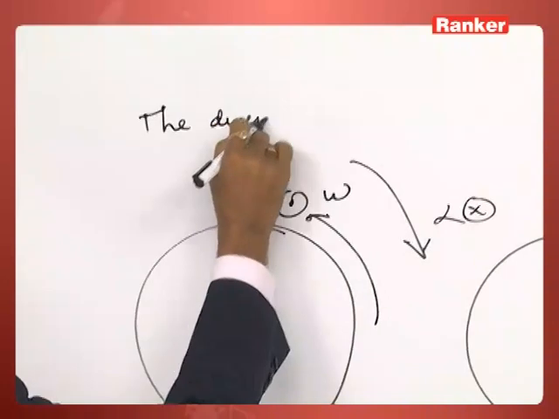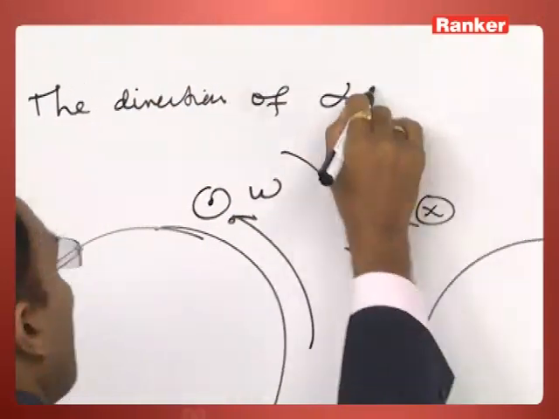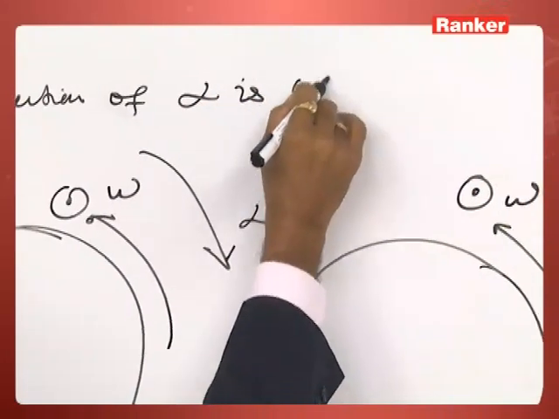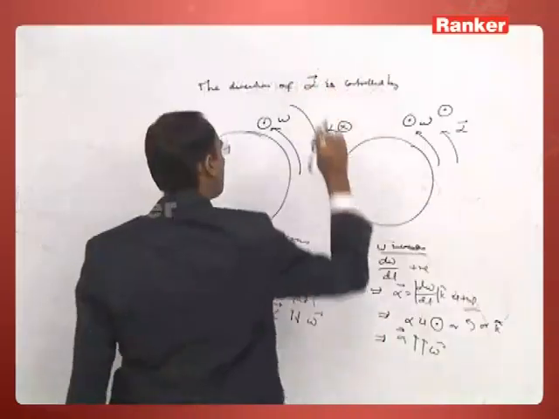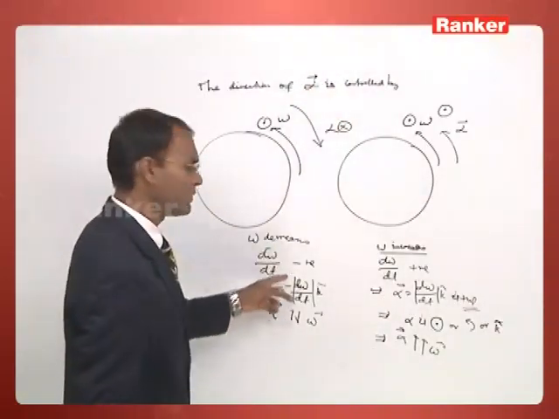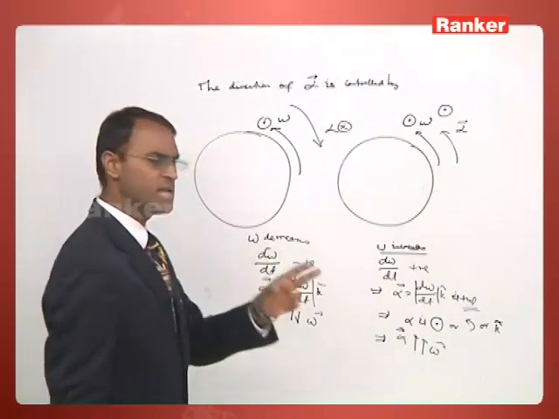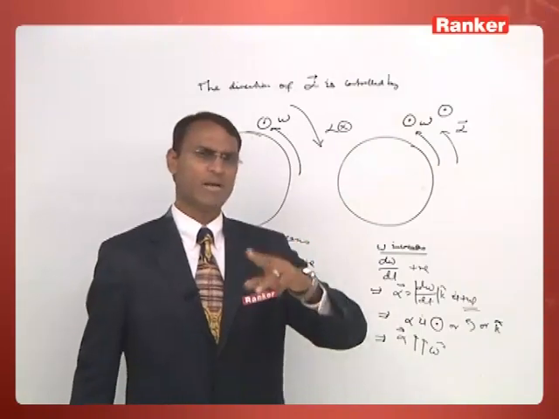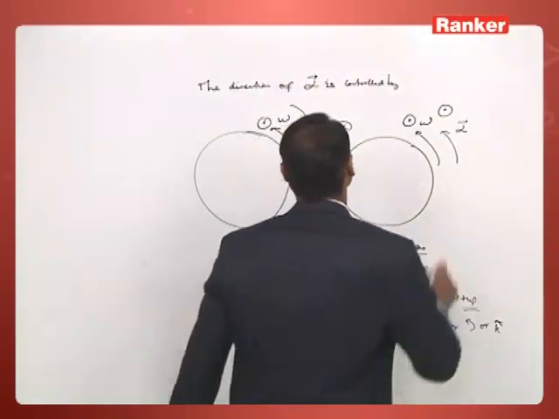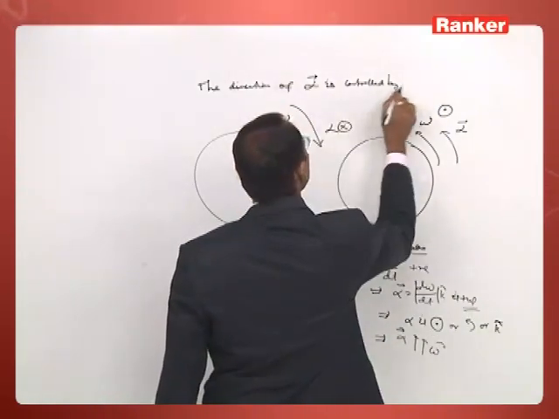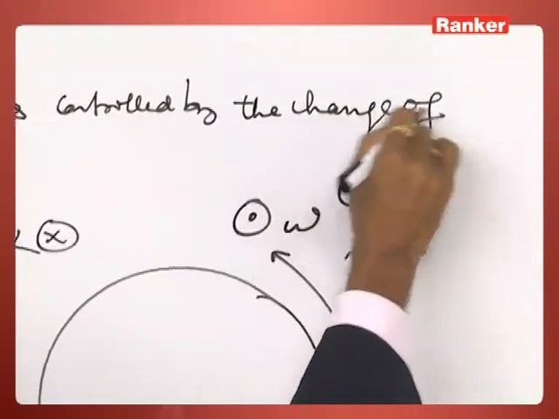The direction of alpha is controlled by the rate at which the omega is changing. When you use the word change, it may decrease, it may increase. Both decrease and increase can be called change. The direction of alpha is controlled by the change of omega.